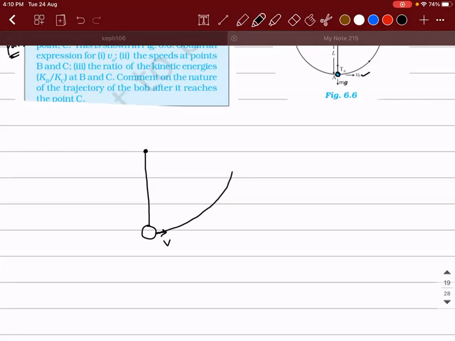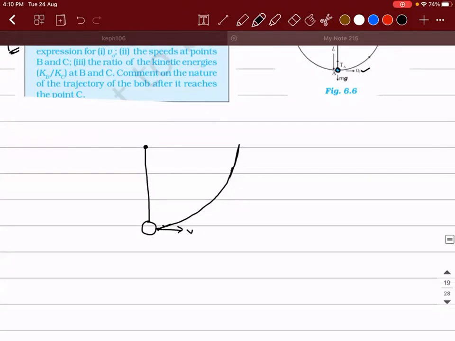So, depending on how much velocity you are giving at this point, this particular arc length will increase. Correct? See, for example, if you just push it and leave it, it will go to this point and again come back in this direction. Correct? Then it will go in this direction and again come back. So this is the maximum end till which it is able to go.